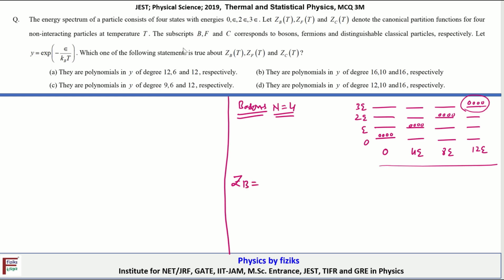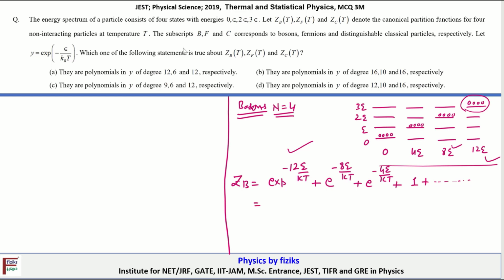The first term I'm writing is for this microstate, exponential of minus beta times the energy, which is 12E here, so minus 12E upon kT, plus exponential minus 8E upon kT, plus exponential minus 4E upon kT, plus 1, plus so on, plus remaining terms. But we notice that it's the occupancy of the particles in the highest energy state that gives the largest value to the exponent.